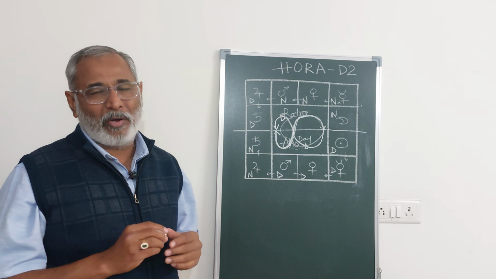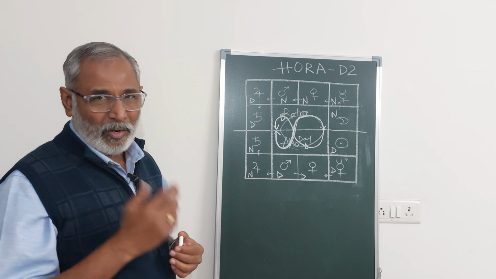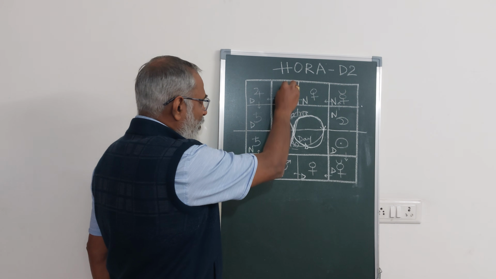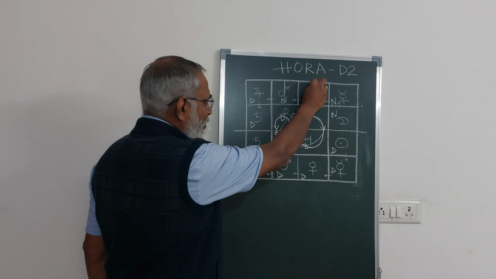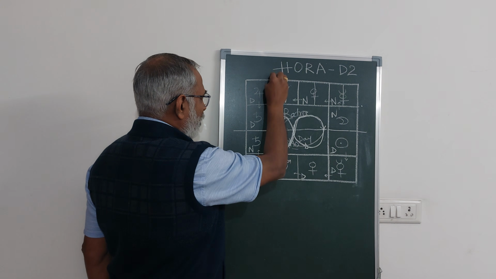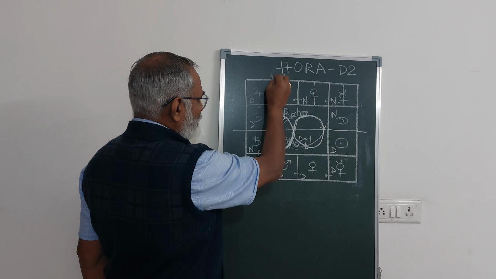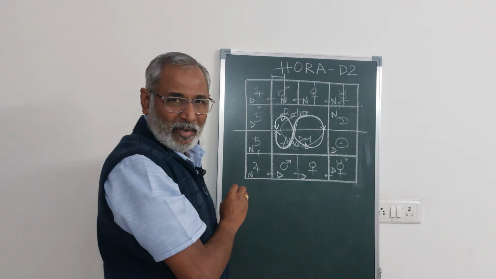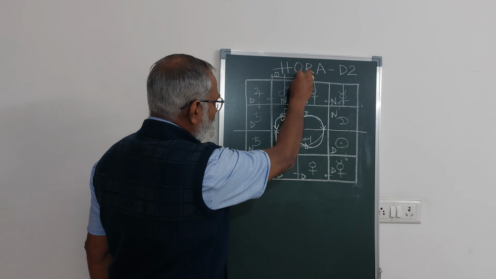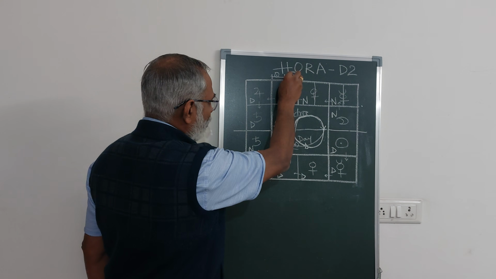The simple definition of a Hora which was done earlier was that every Rashi is divided into two equal parts, where the first half of an odd Rashi is represented by Sun, and the second half of an odd Rashi is represented by Moon.